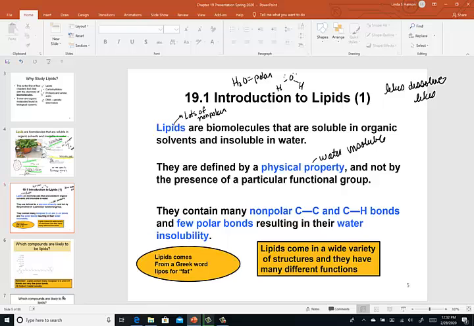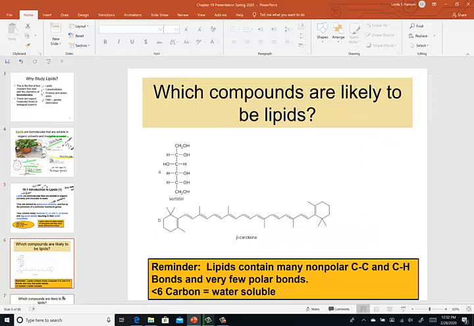So nonpolar regions in a lipid contain lots and lots of carbon to carbon and carbon to hydrogens and very few polar bonds, resulting in their water insolubility. Lipid comes from the Greek word lipos, which stands for fat. They have such a wide variety of structures, and they have many different functions in our bodies as well.